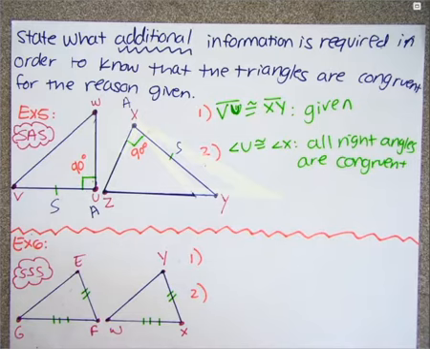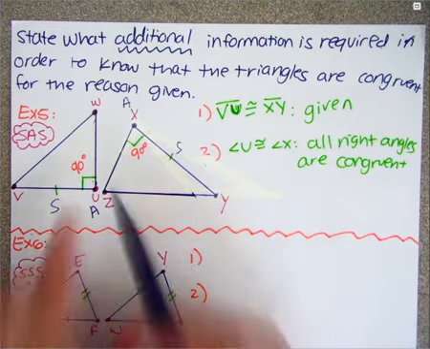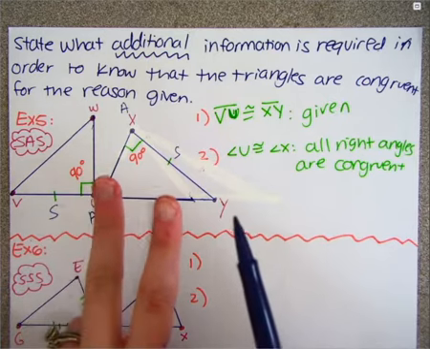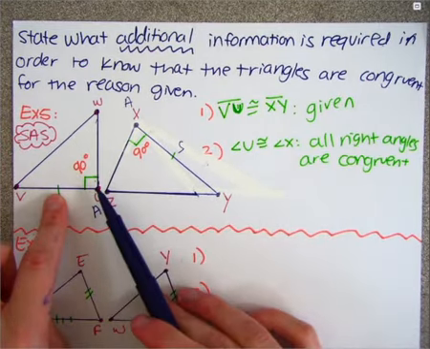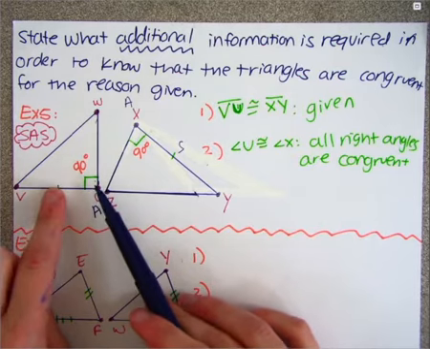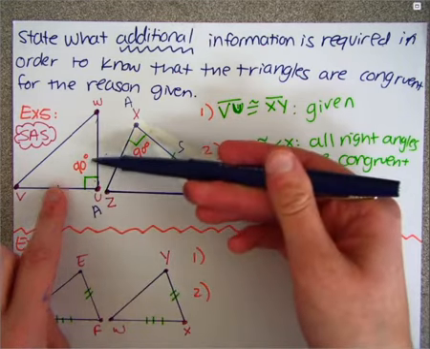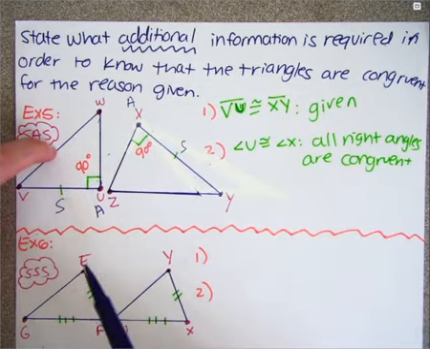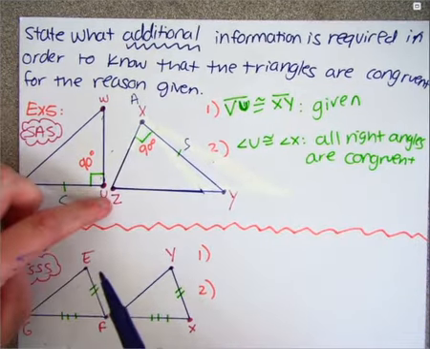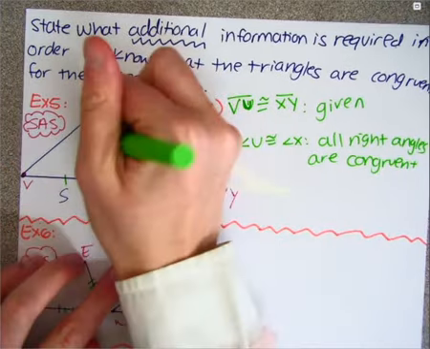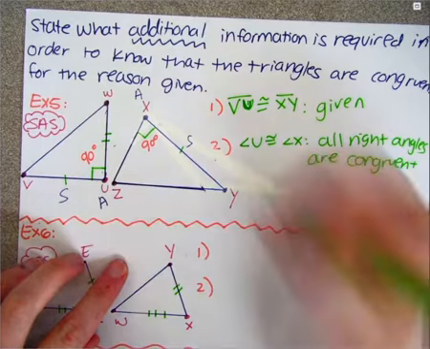If I'm going to do SAS, the angle must be in between two congruent sides. I have one side and I have an angle, so in order for this angle to be in between two congruent sides, the other side must be here. So the angle is in between the sides. If my side was over here, then it would be side side angle, which is the bad one. So watch yourself. Side WU should be congruent.